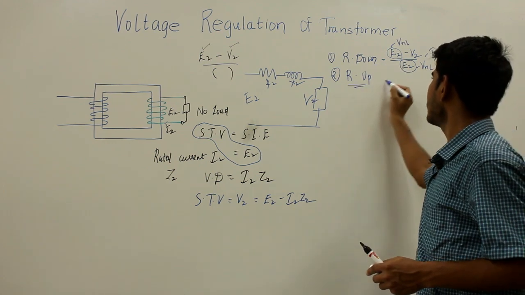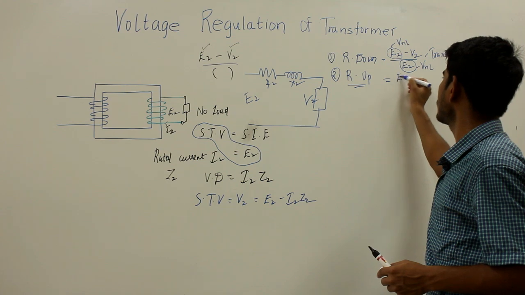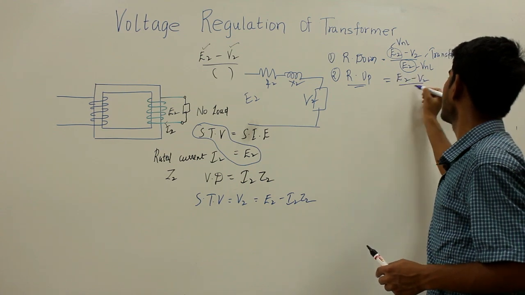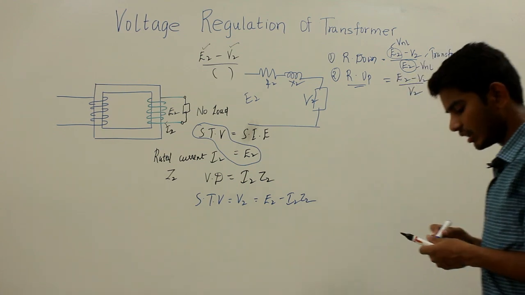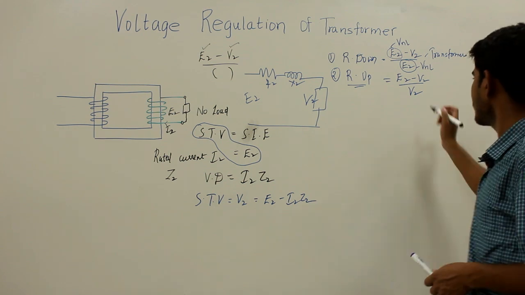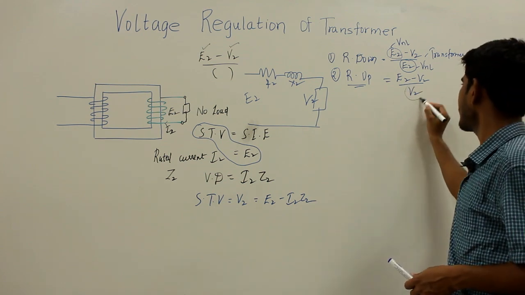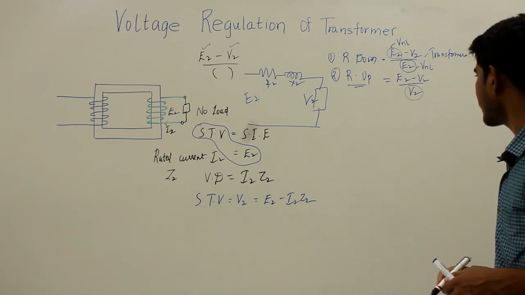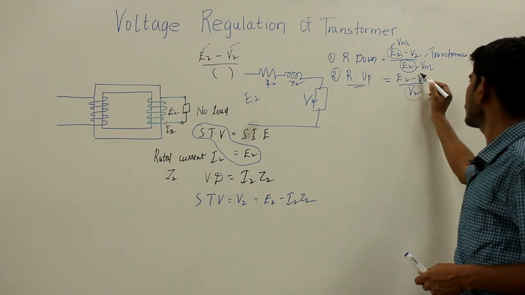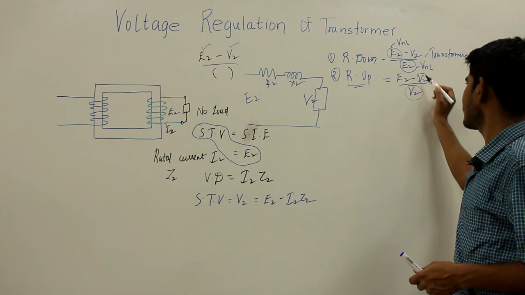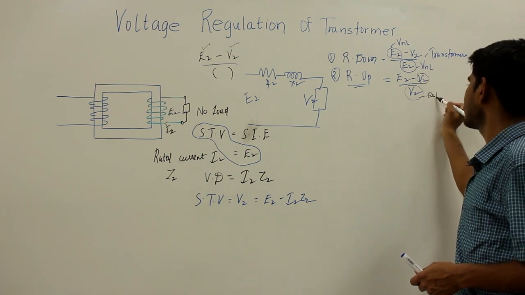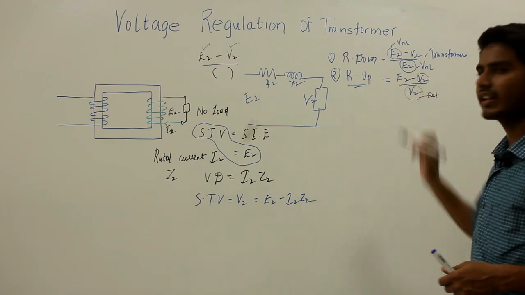The regulation up is given by the expression (E2 minus V2) over V2, because in alternators and power systems the user end voltage is guaranteed by the power supply provider, so this is taken as the reference voltage in the voltage regulation up.